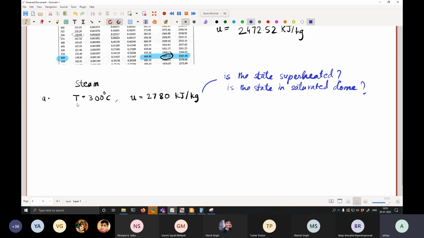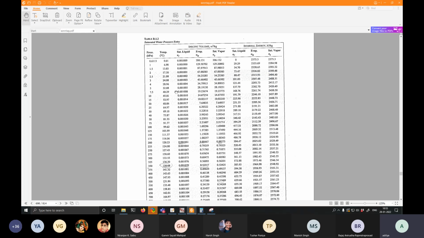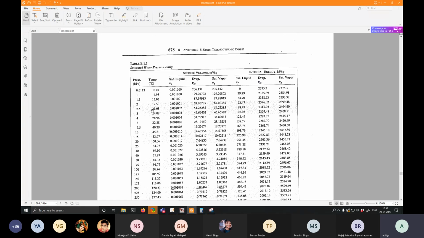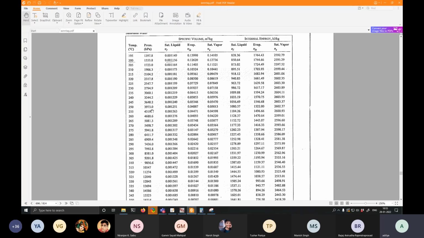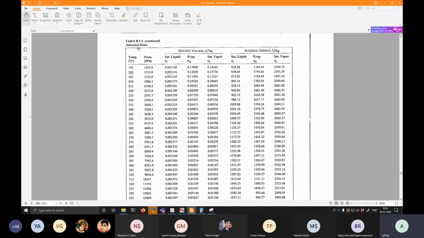So at 300 degrees Celsius we will go to steam, to the temperature entries because we have been given the temperature. So this is the table for saturated water at 300 degrees Celsius.